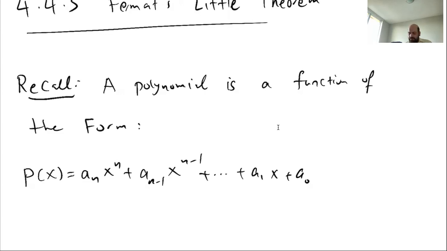So for example, 5 is equal to 2 in Z3 because 5 is congruent to 2 mod 3, right? Because 3 divides 5 minus 2. Therefore, 5 and 2 are equal in Zp, or in Z3 in this case.